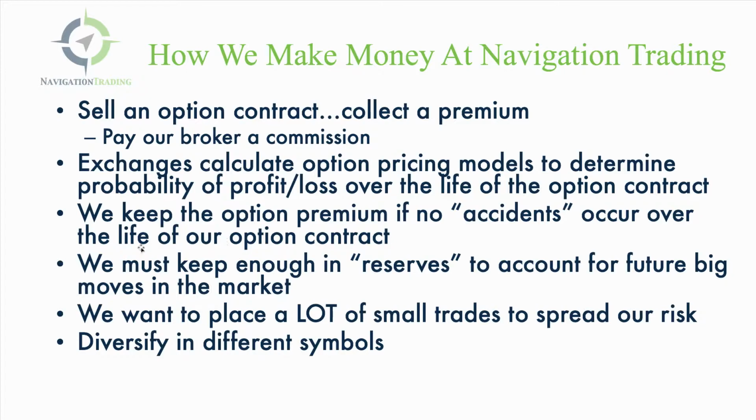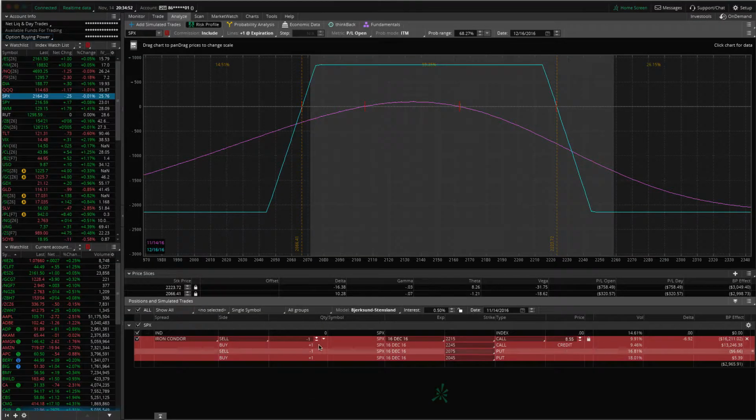Let's go to the platform and take a look at an example. One of the core trading strategies that we utilize at Navigation Trading is the Iron Condor. So we're looking at a sample Iron Condor trade in SPX. As you can see, we've set our price slices to the break-even points.